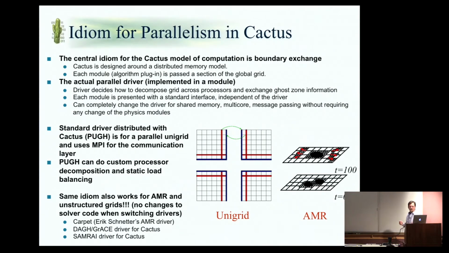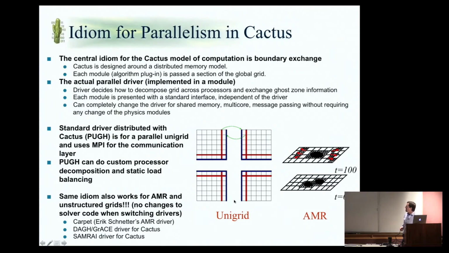Our original driver was called PUG, which is Parallel Unigrid, and implemented MPI communication. From the standpoint of the person writing the code, you have no idea that it's domain decomposing the grid into these little blocks. All of your code looks exactly the same, but it handles the domain decomposition, the layout of those grids across the parallel machine, and makes sure that all of those halos are exchanged at the right time.